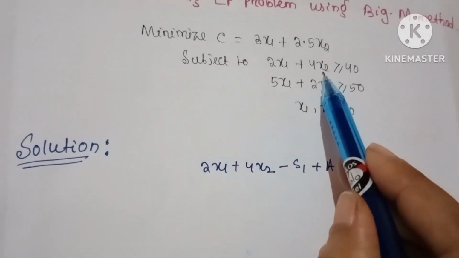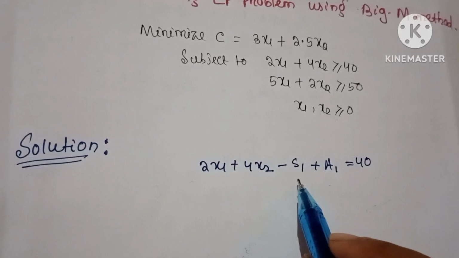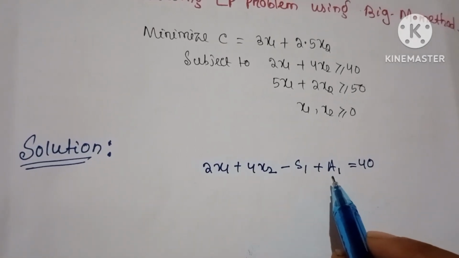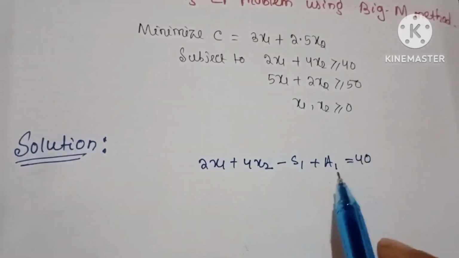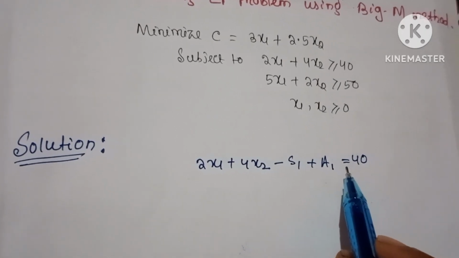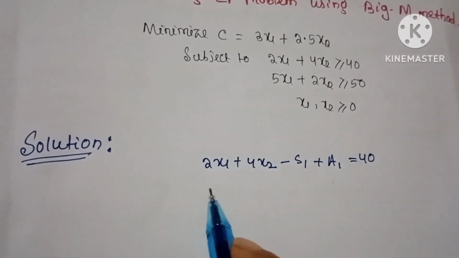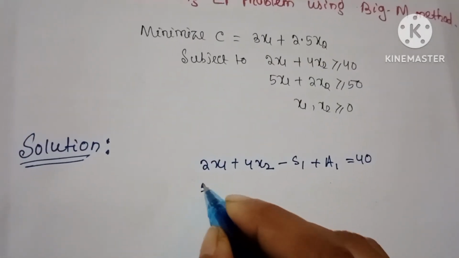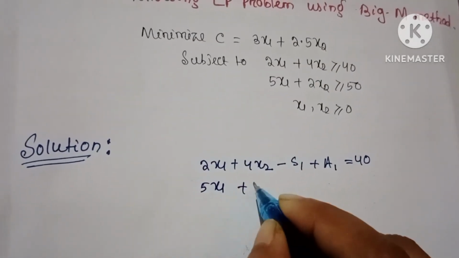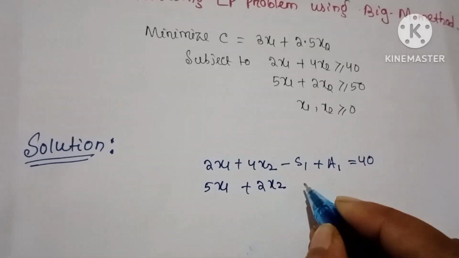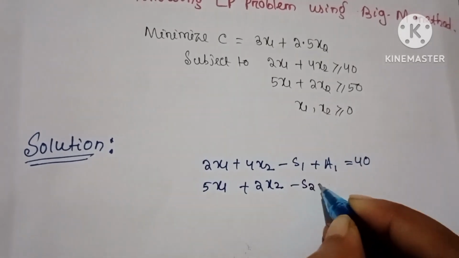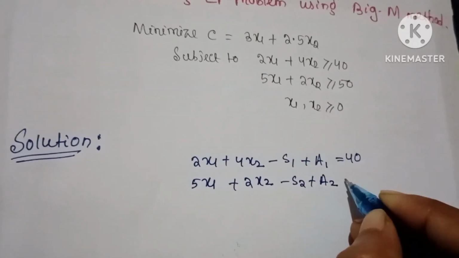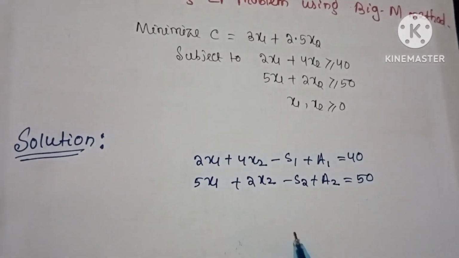So by subtracting the surplus variable and adding the artificial variable, this inequality now becomes equality. Similarly, the second constraint becomes 5x1 plus 2x2 minus s2 plus a2 equal to 50.